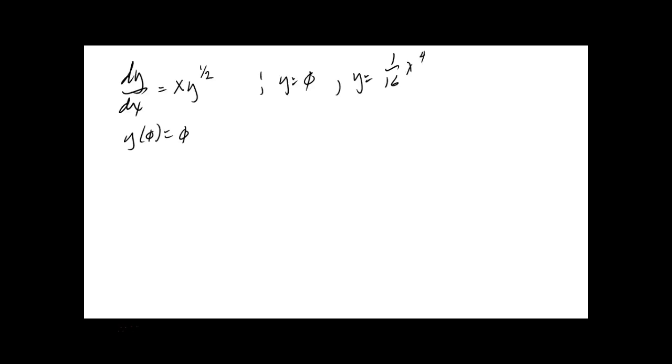So just to get you used to doing that, what do you have to do to verify that that is a solution for that? I did the y is equal to 0, or y'all did it. Actually, I asked you the question. Derivative of y is 0, and the square root of y is 0, and 0 is equal to any x times 0. Okay, that verified that y is equal to 0 is a solution to all values of x.